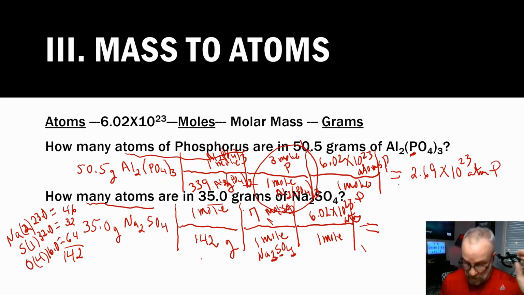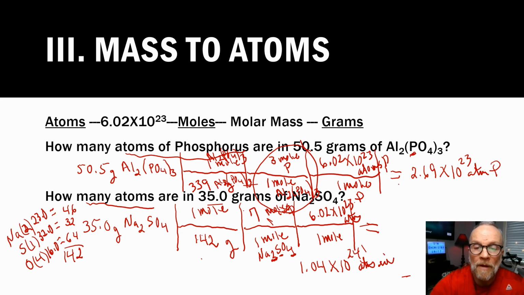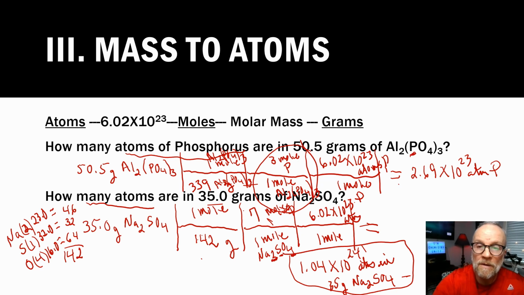To 3 significant figures, that would be 1.04. I'm going to write down here 1.04 times 10 to the 24th atoms in 35 grams of Na2SO4. Sometimes it's kind of nice to circle answers.